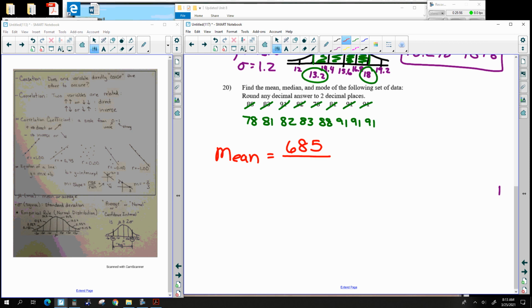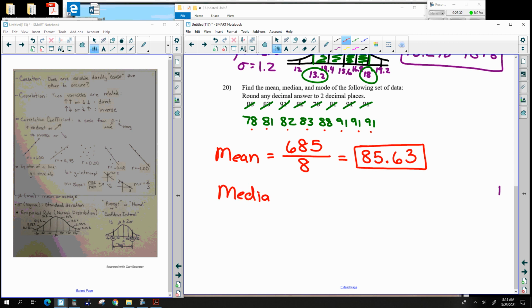And then I divide by the number of numbers, and I see that there's 1, 2, 3, 4, 5, 6, 7, 8. There's 8 numbers. So this comes out to be 85.625. They want this only to 2 decimal places. The 5 is big enough, so that would be rounding up to a 3. So this is 85.63. That's the mean.